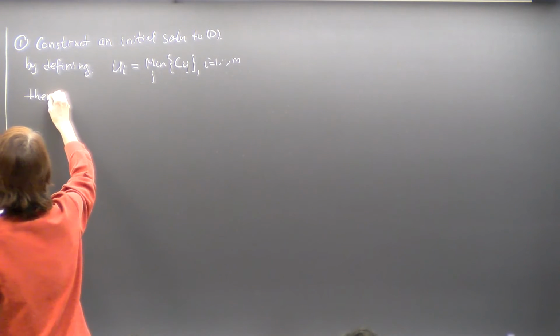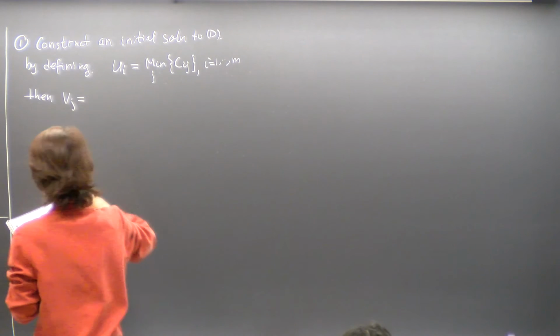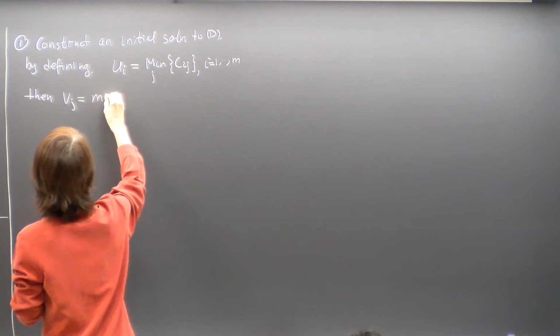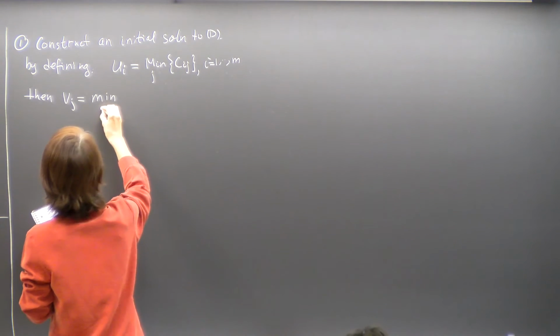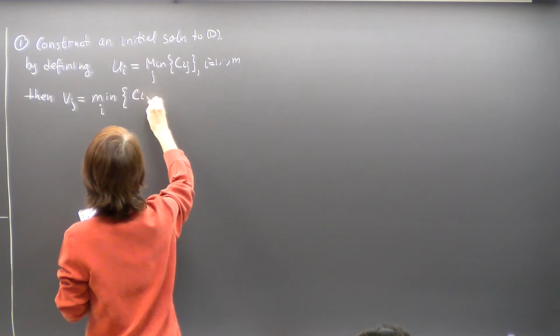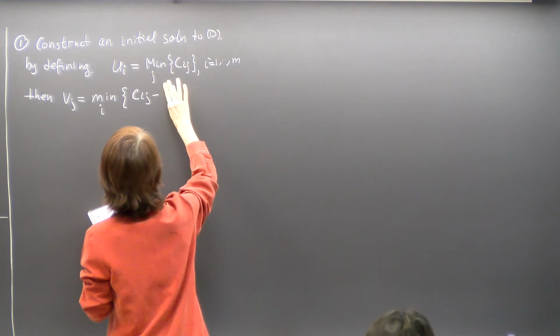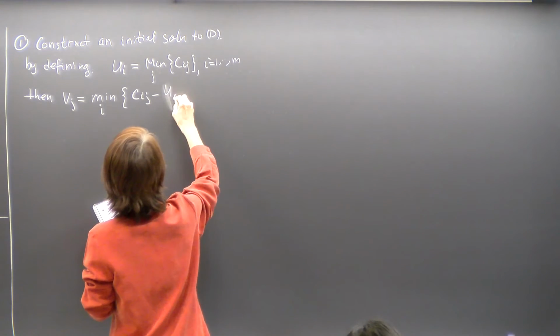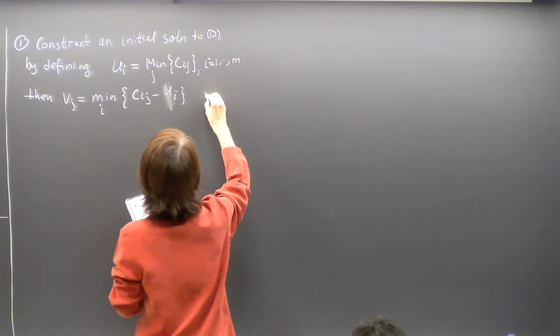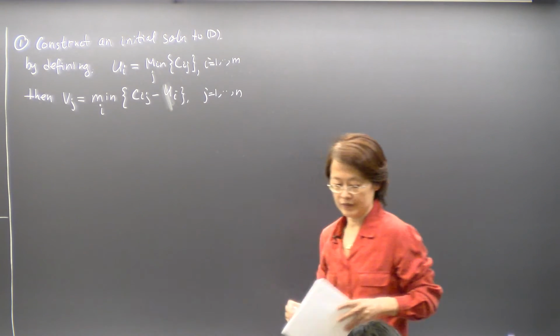Then, once I have set that, I compute the Vj, taken to be the minimum over i of Cij minus Ui, j from 1 to n.